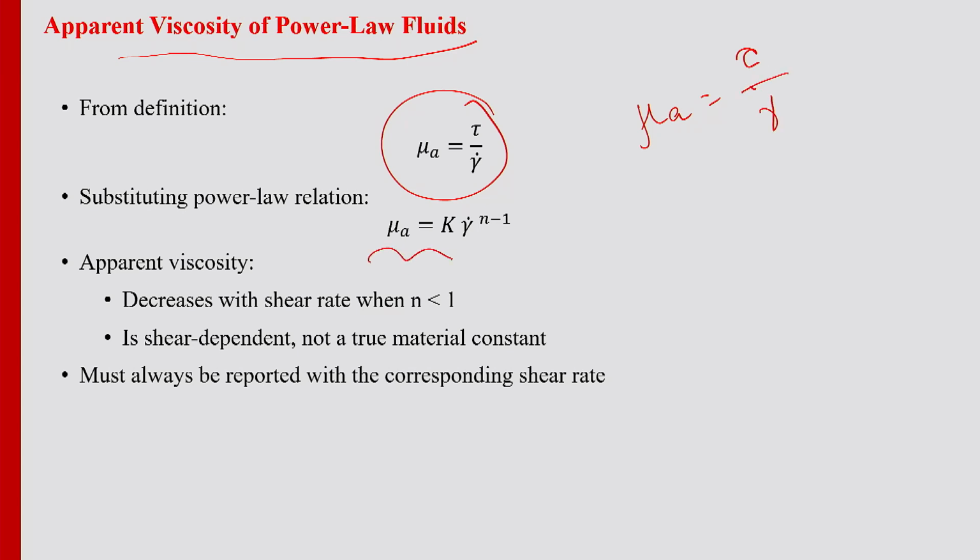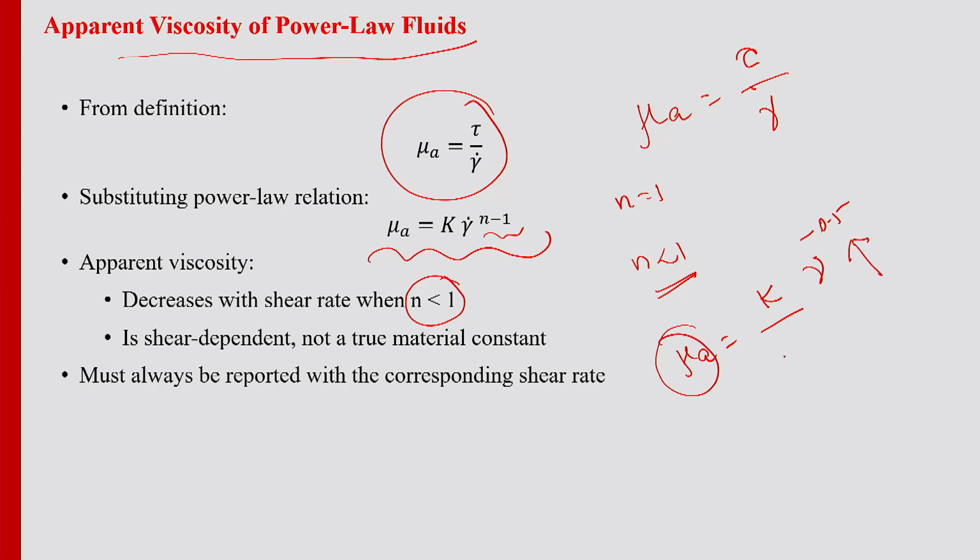In the power law relation, if n equals 1, then mu equals k, and nothing happens. But if n is less than 1, then the apparent viscosity is k times gamma to some negative power, like minus 0.5 or minus 1.5. So you can write it as k by gamma.